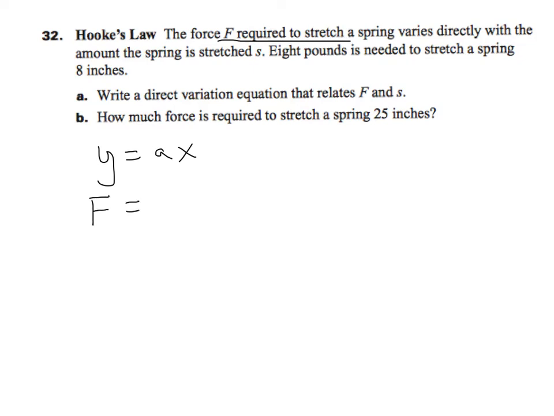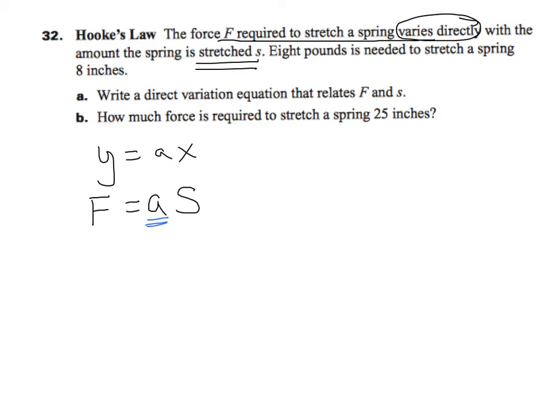F varies directly with the amount the spring is stretched, S. And you still have this constant. This A will be some number eventually that'll help us represent the force in terms of how much the spring is stretched.